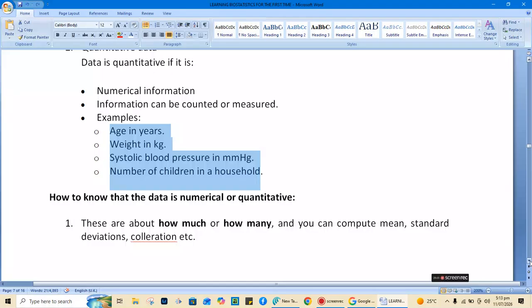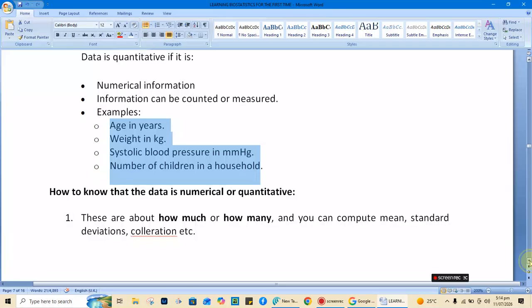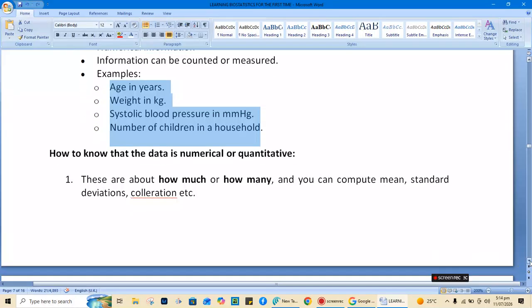You look at the data. Has this data been collected from measuring? If yes, from using an instrument, it is quantitative data. If that data has been collected without the use of an instrument, meaning maybe you were interviewing people or you were just observing people, that kind of data is what we call qualitative data. That is the divide right there.